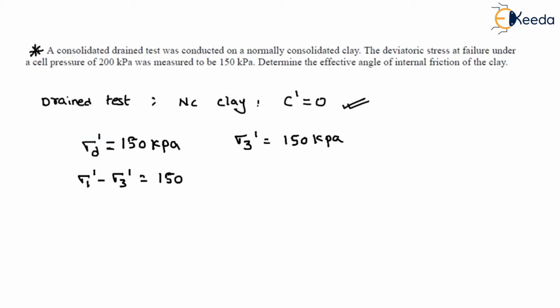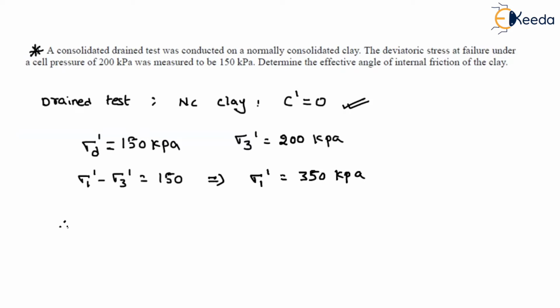The cell pressure is given as 200, so what will be my major principal stress? 150 plus sigma 3 dash, so we can express this as 350 kilopascal, right?